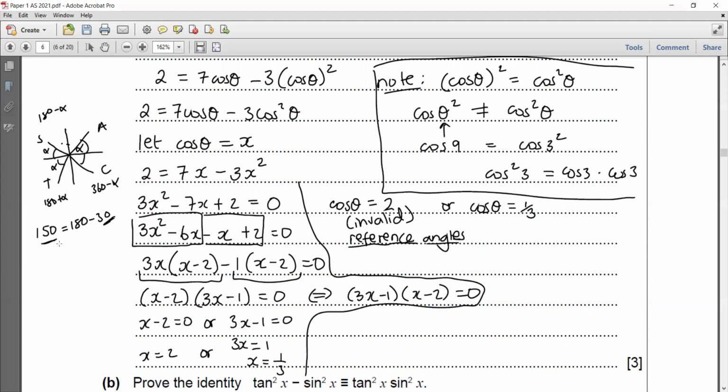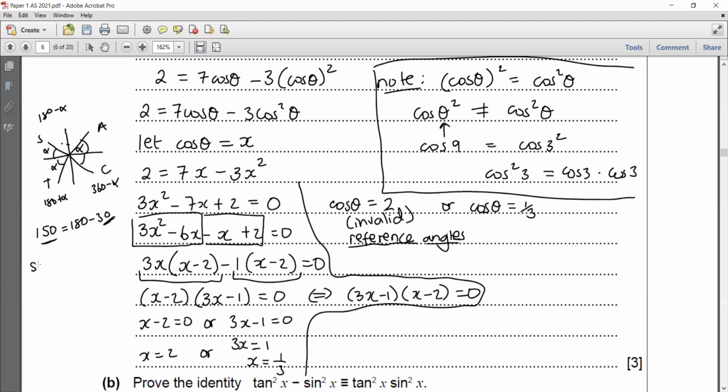150. Okay, and why are we talking about these reference angles? What is the significance? The significance is that the sine, cos, and tan of an angle and its reference angle are equal. The only thing that may be different is the sign.